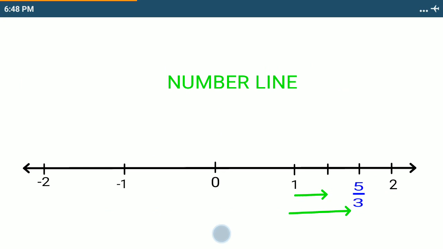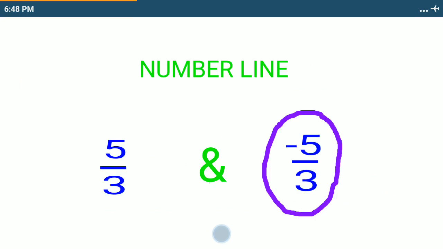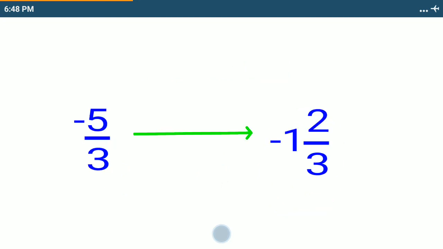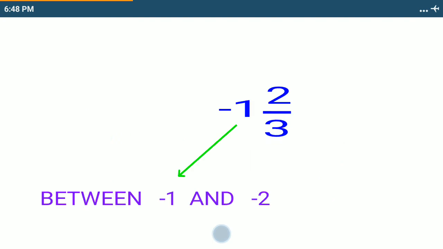Students, what about minus 5 by 3? We can write minus 5 by 3 as minus 1 whole 2 by 3. Now the number minus 1 tells us that minus 5 by 3 is between itself and the next number.